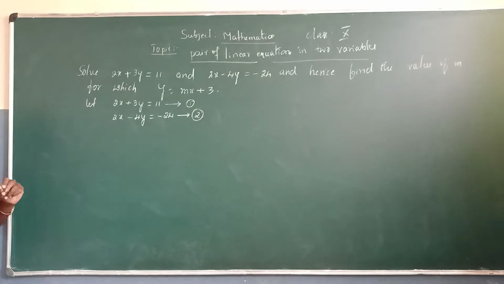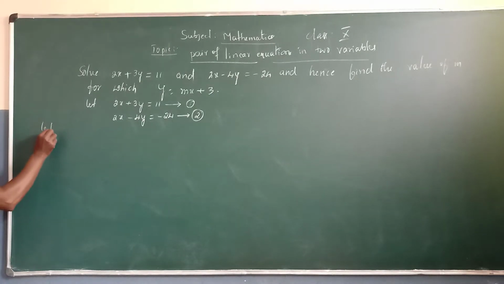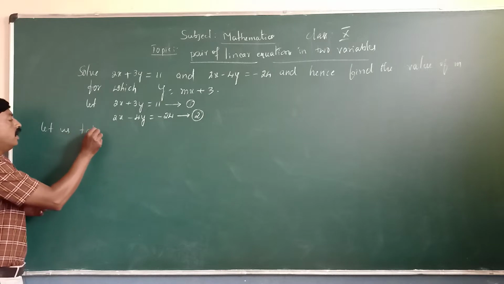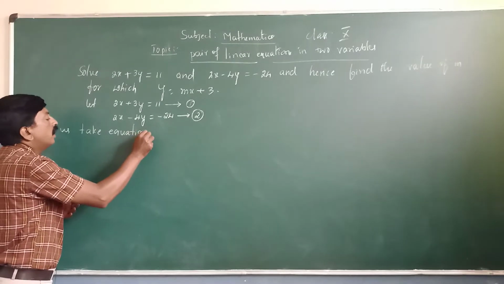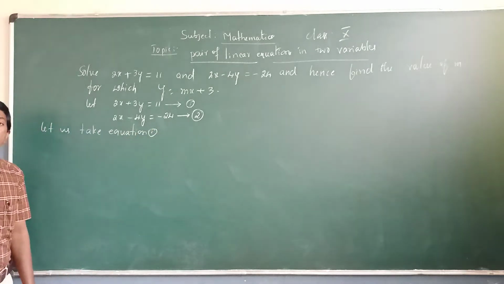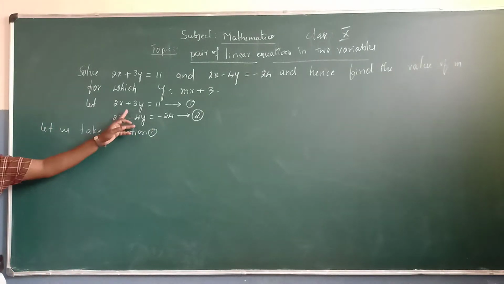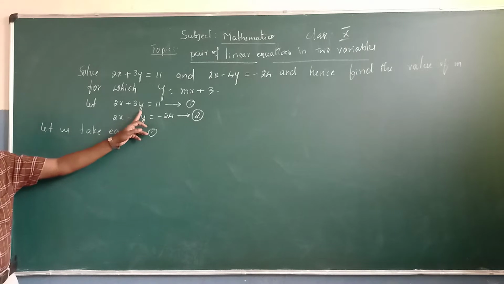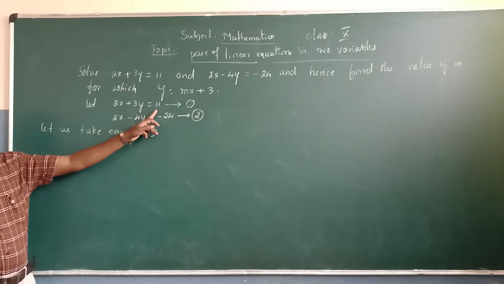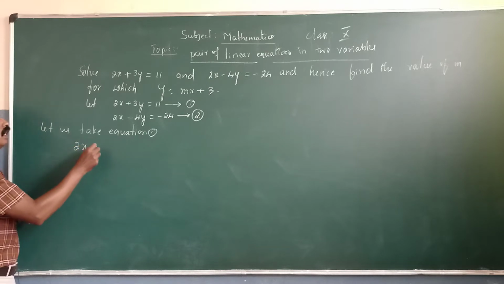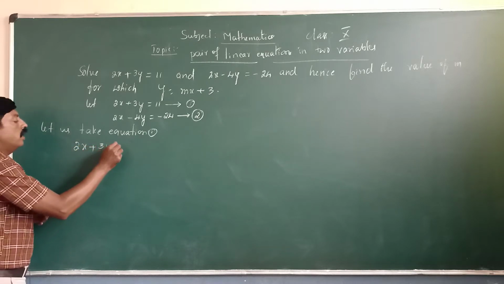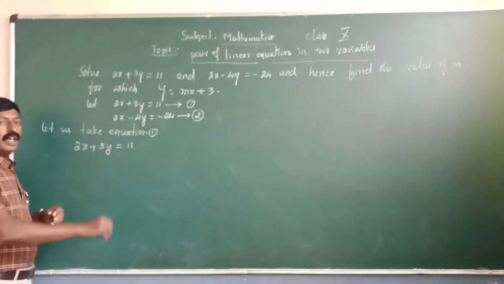Let us take equation 1, which is 2x plus 3y is equal to 11.